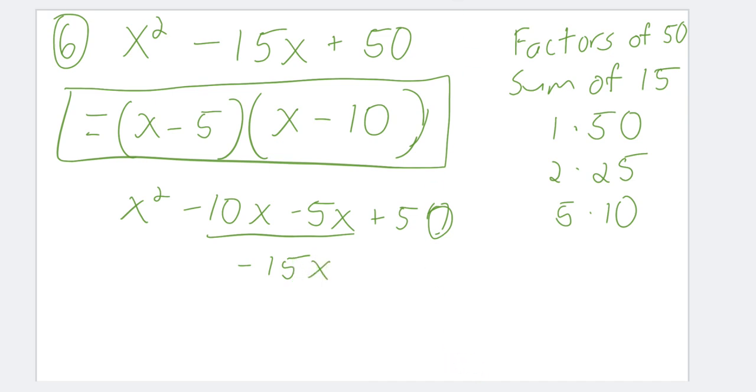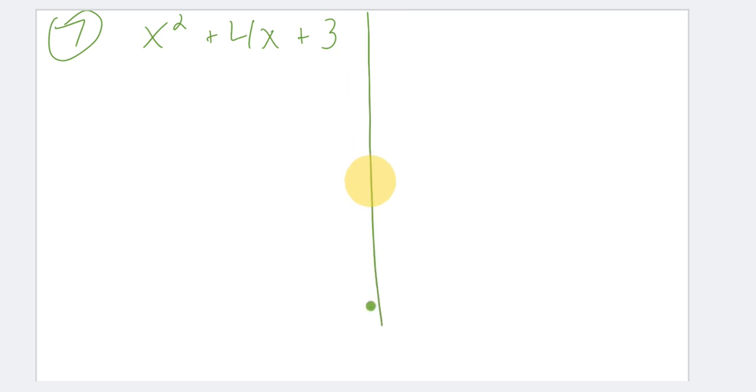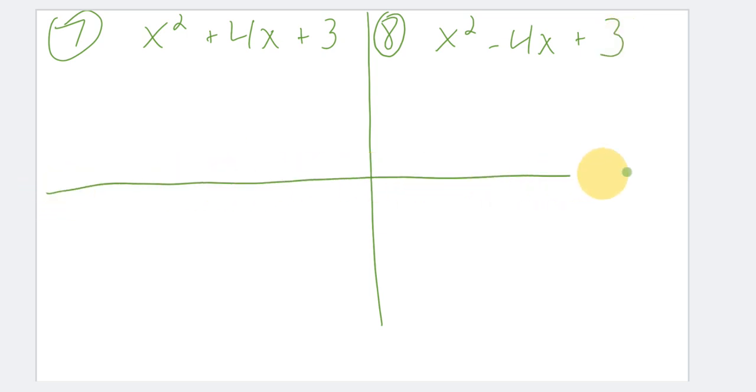All right, so one last set of examples here. This is going to kind of give you like a nice compare and contrast, with all the positives, negatives, that kind of thing.